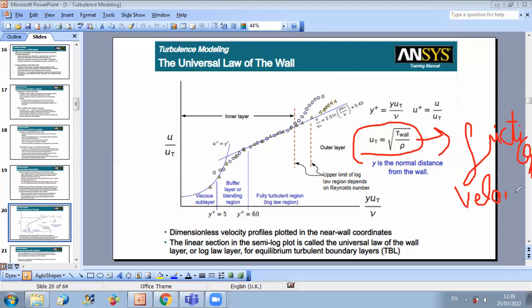So when we perform the dimensionless analysis, we come up with 3 independent variables. The 3 independent variables are tau, rho, and mu.